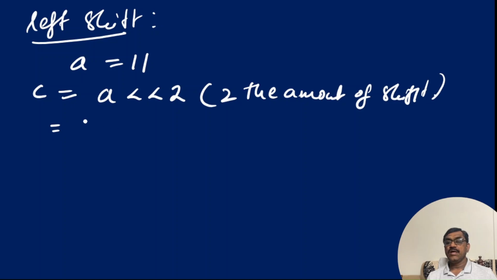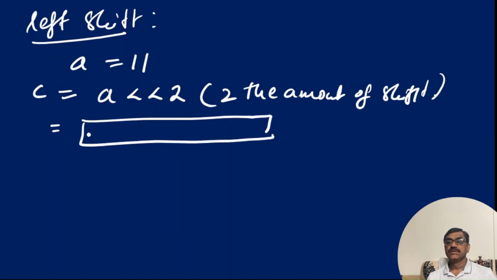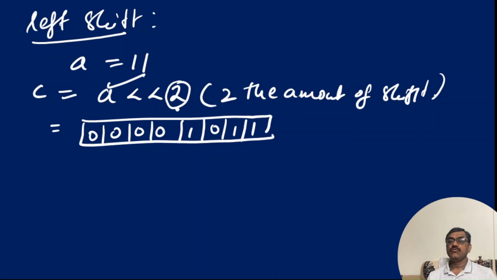Now you do one thing. A is represented as how many bits? Just now I said that 8 bits: 0, 0, 0, 0, 4 bits, and the last 4 bits are 1, 0, 1, 1. This is A. Now we are shifting how many bits? 2 bits left.